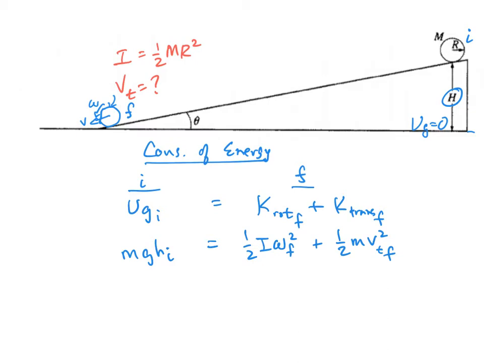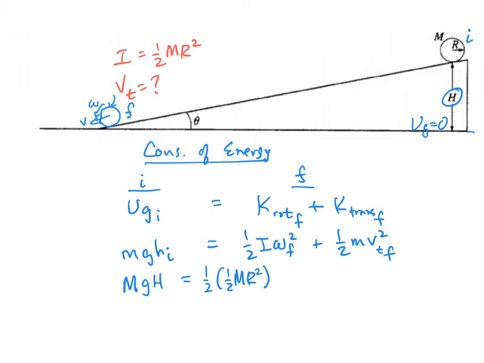Now I'm going to start substituting in the variables that they've given me and simplifying some things here. So let's go: the mass of the object, little g times h, equals 1/2, and they told me this was 1/2 capital M r squared.